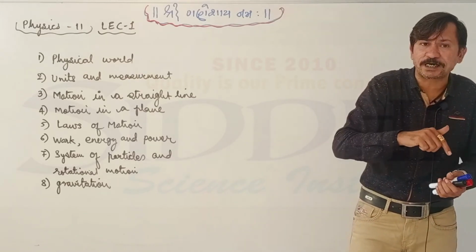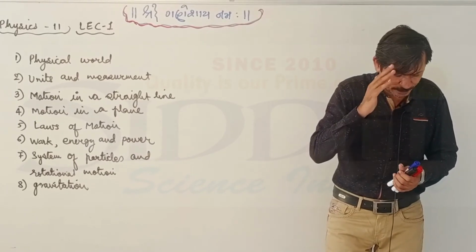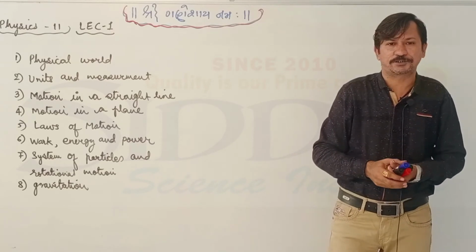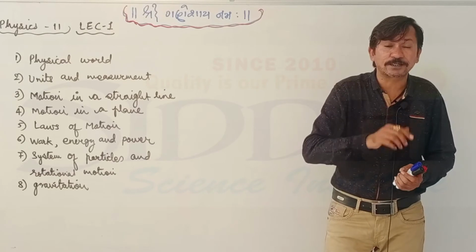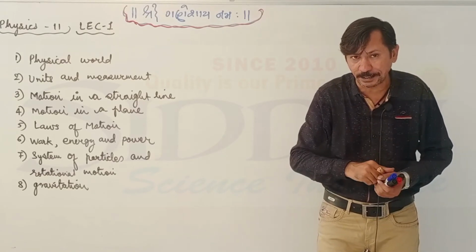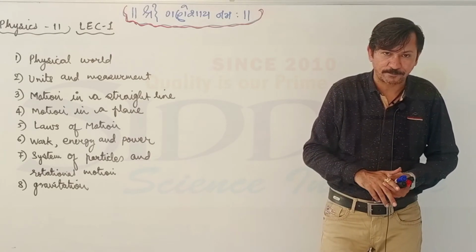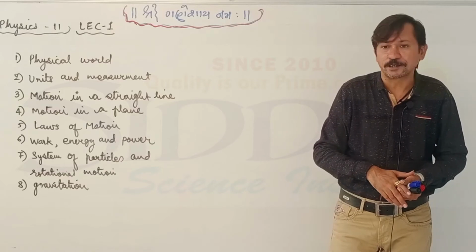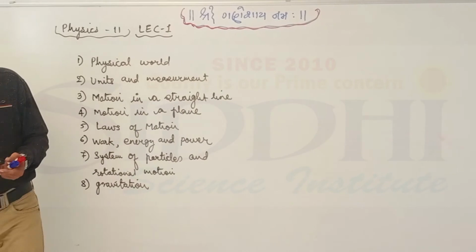Any object which has mass produces gravitational field, and this gravitational field is responsible for the production of the gravitational force. In this lesson, Newton's universal law of gravitation will be explained in detail. An interesting lesson. We will discuss it after lesson number 7. Okay, lesson number 9 and lesson number 10.